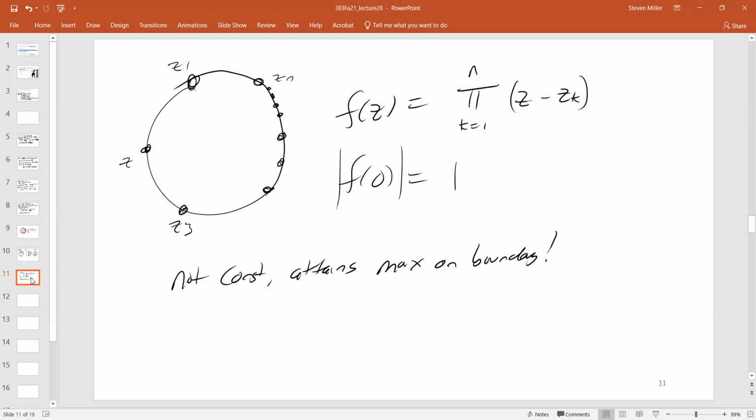But we know the maximum. By the maximum modulus principle, it has to attain its maximum on the boundary. Since it takes on the value 1 at the origin, it has to be at least 1 on the boundary. Absolutely love this backdoor function.